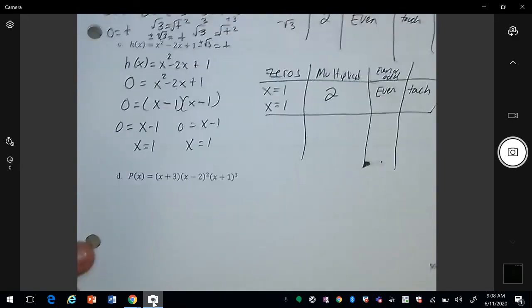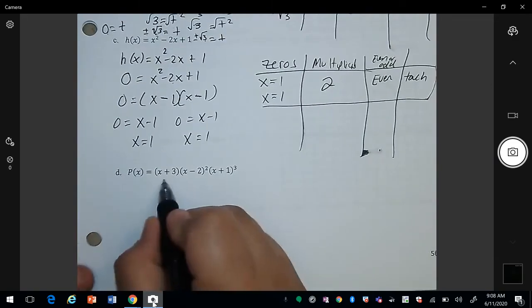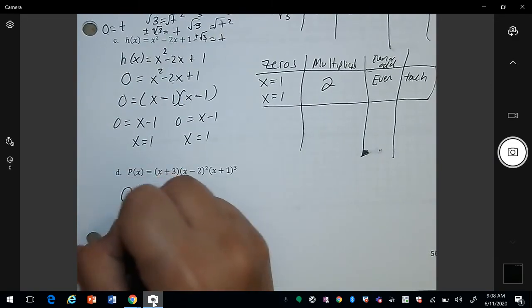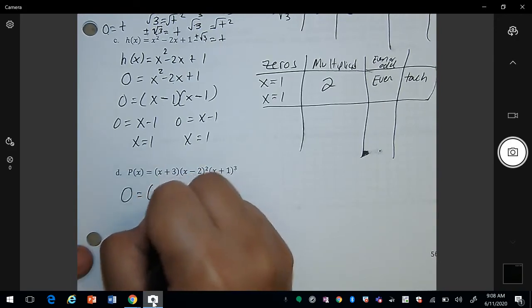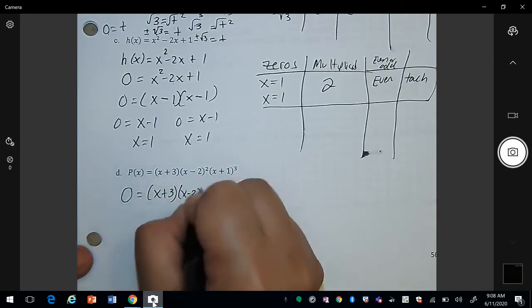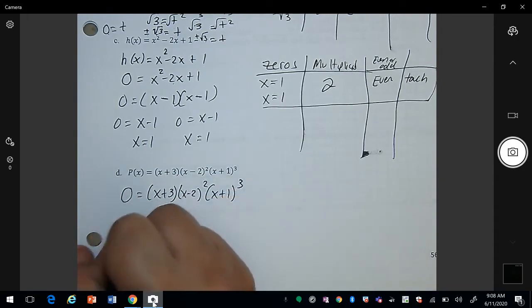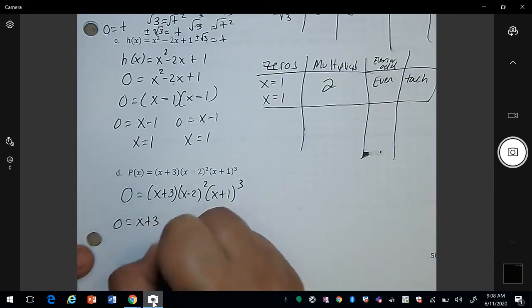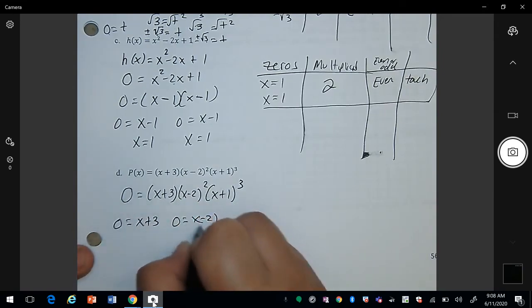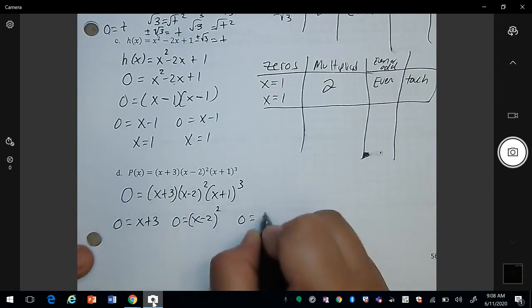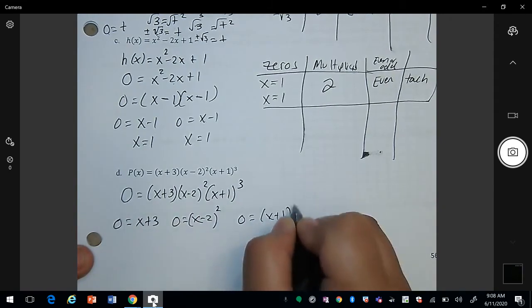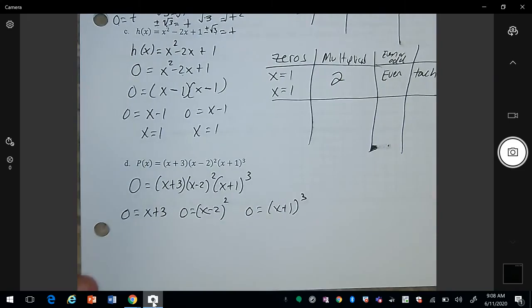Okay, and then letter D. Notice these are already in factored form, so we still need to solve for the x-intercepts. So I can set each factor equal to 0. Okay.